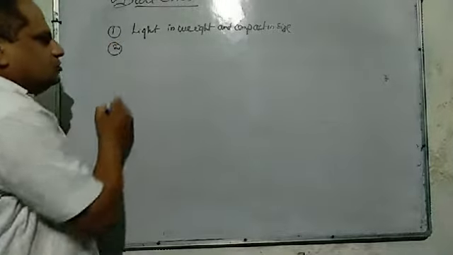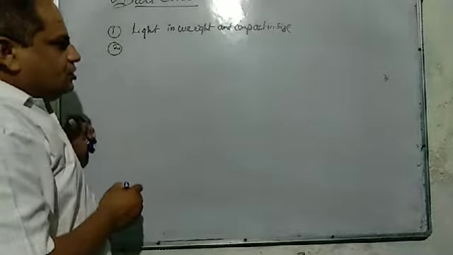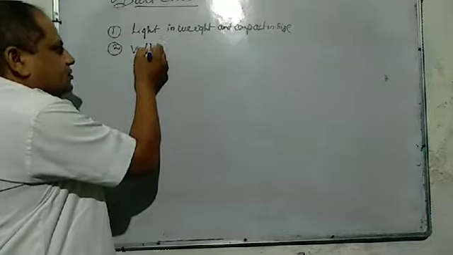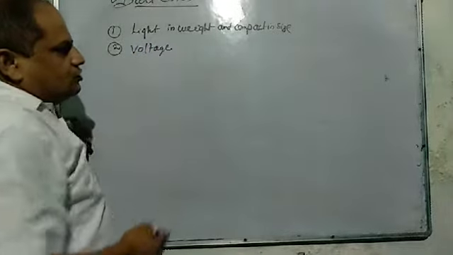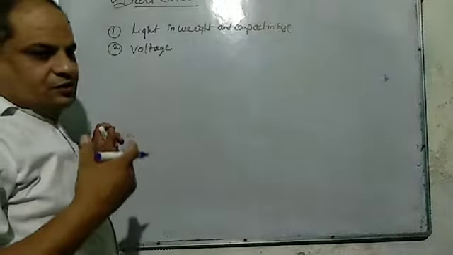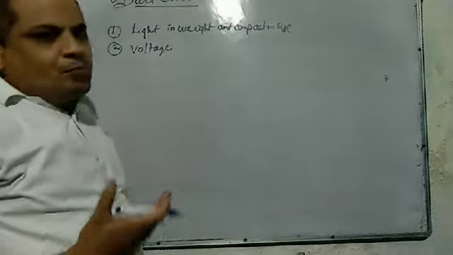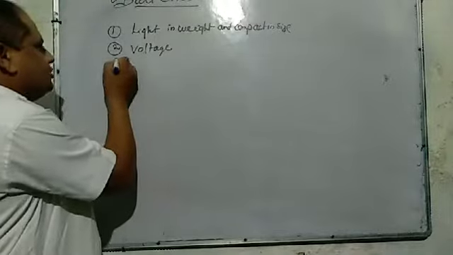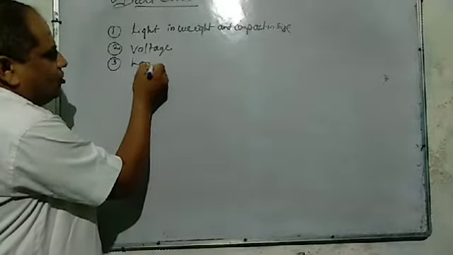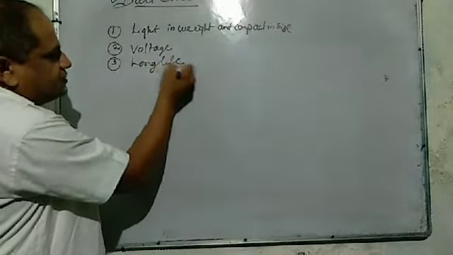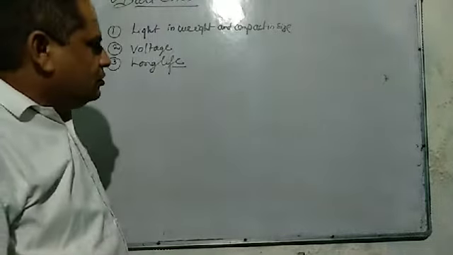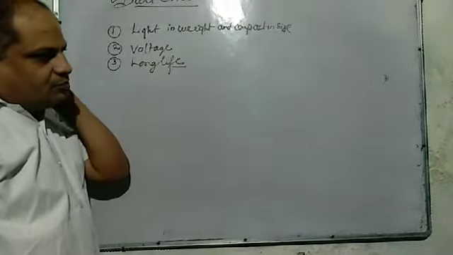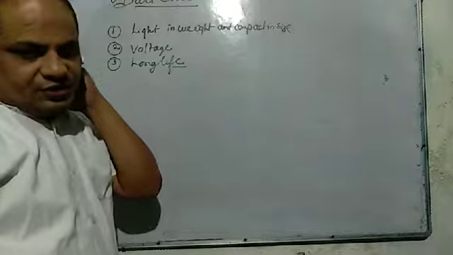Number two, its voltage should not change much with time. Number three, it should be long life, means it should be durable. So these are the important properties of a good cell or battery.